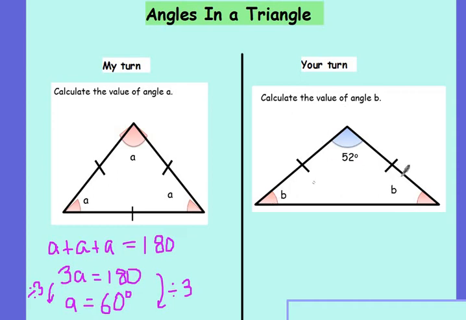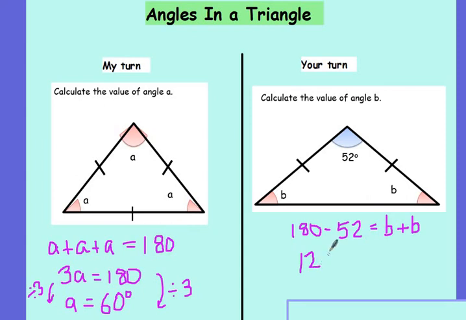Okay, this is an isosceles triangle, so we know that both B's are the same. So we know that 180 take away 52 is going to give us what B plus B is. So we know that 180 take away 52 is what, Breeze? 128, lovely.